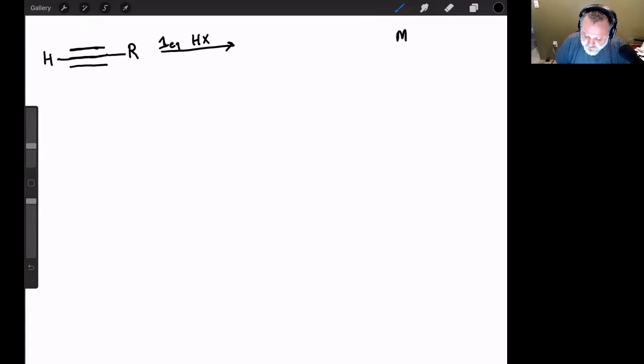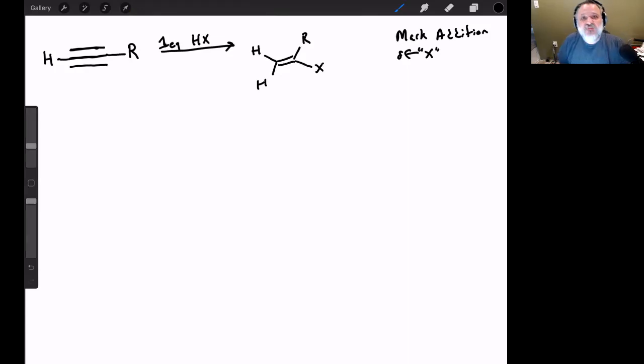I'm going to get a Markovnikov addition of X. Now remember, I'm adding both H and X, but when I think about the regioselective outcome, what I'm thinking of is that I'm going to get a Markovnikov addition of the X. So when I add one equivalent of HX, I get the exact same thing that's going on here with alkenes.